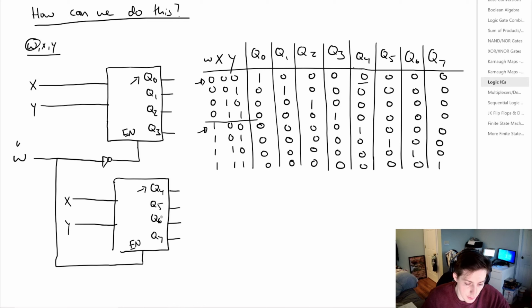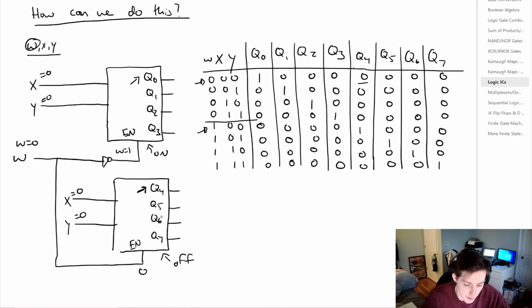If W equals 0, we have 0 at this enable, which means this device is off. After the inverter, W equals 1, so this device is on. Now X is equal to 0, and Y is equal to 0, which is the same down here for the second decoder. So looking at the second decoder, X being equal to 0 and Y being equal to 0 would trigger Q4, but remember the enable pin is off, so nothing happens to any of the outputs.